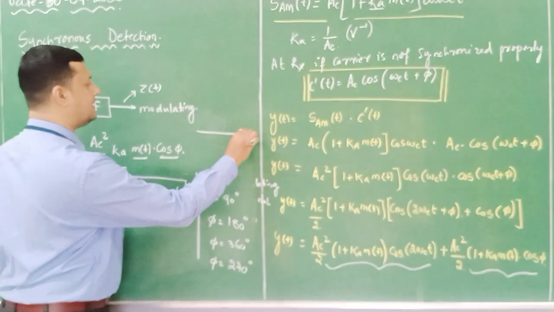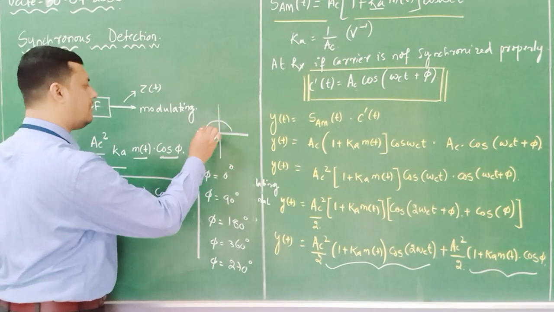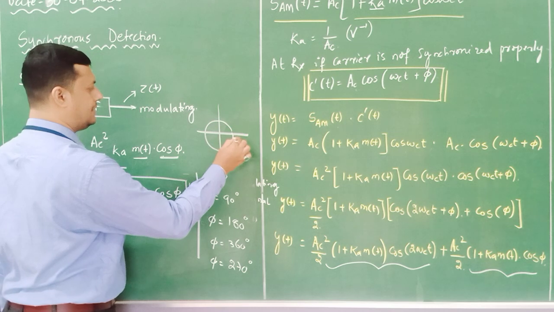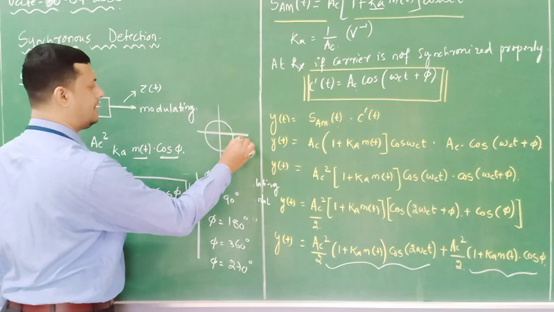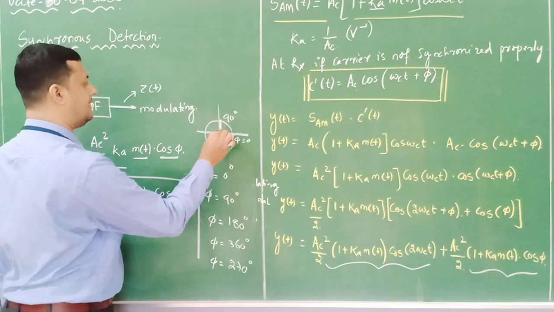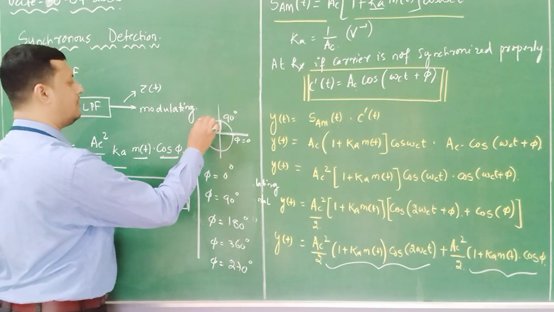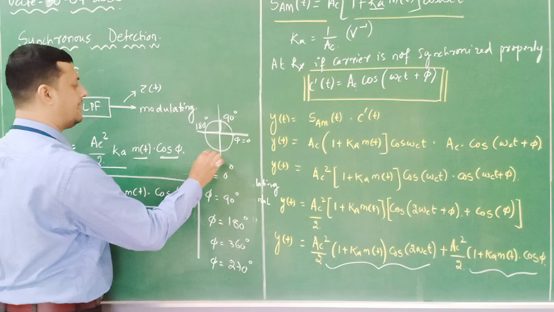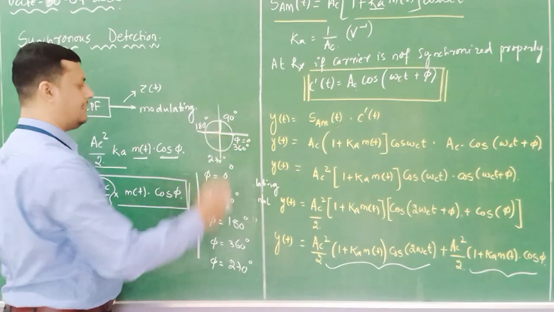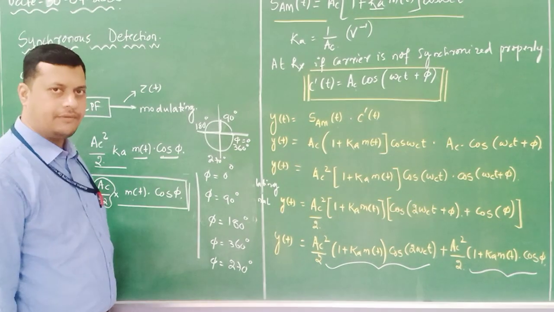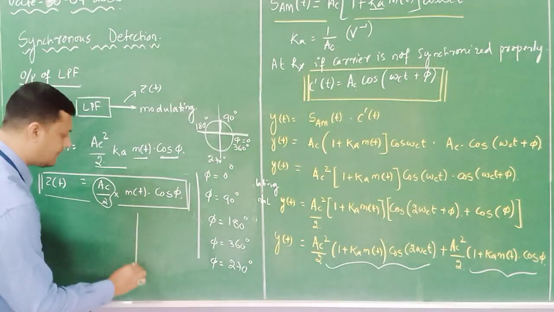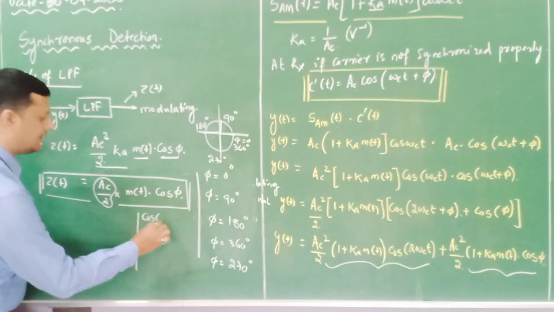That means I will take one complete cycle. First I will measure the phi angle at 0 degree, then phi angle at 90 degree, 180 degree, 270 degree, and 360 degree. Okay, because these are the phase differences.